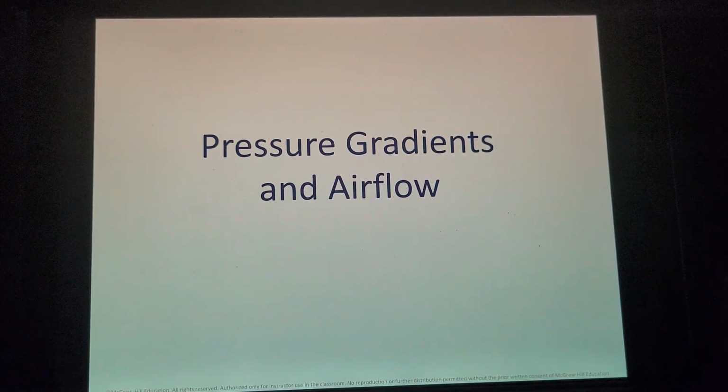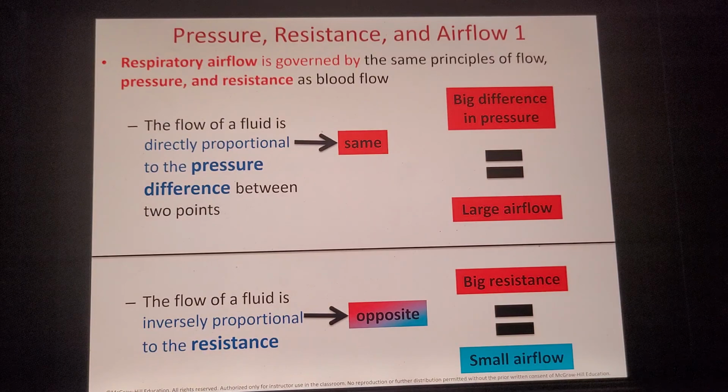Okay, let's finally get into the actual process of breathing and how we move air in and out, using our pressure gradient. I'm just going to go over this so you can understand the concept. Our airflow depends on our pressure gradients and how much resistance there is.